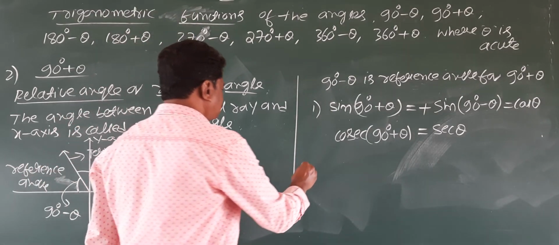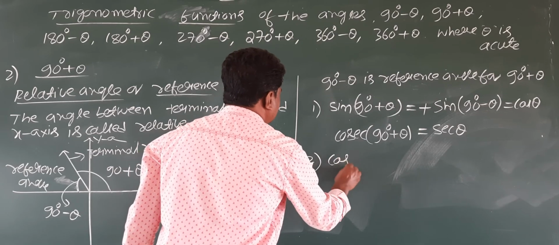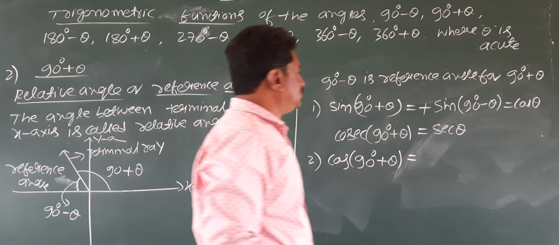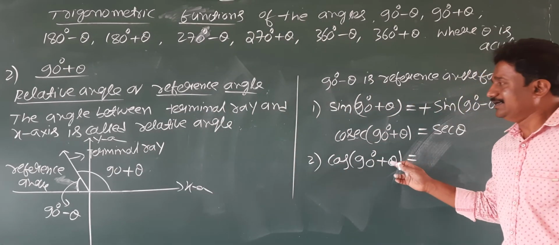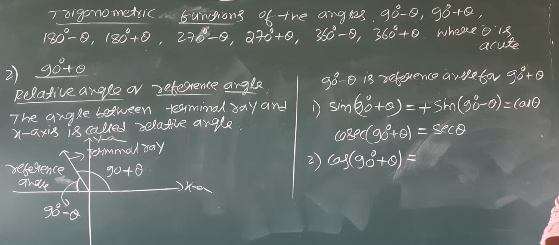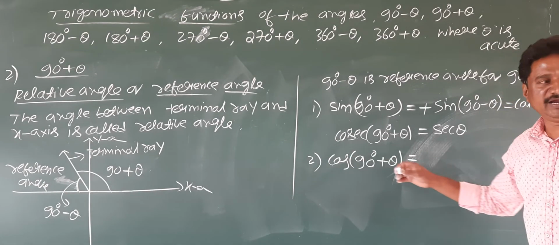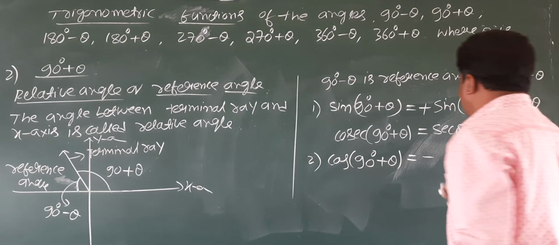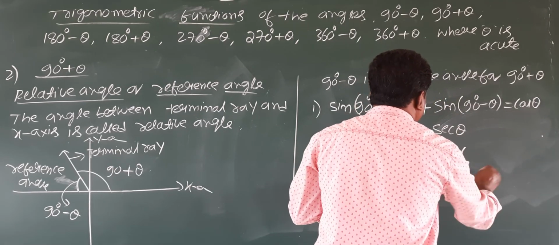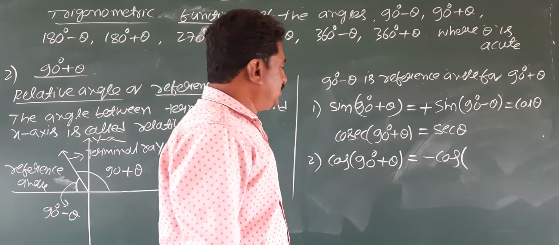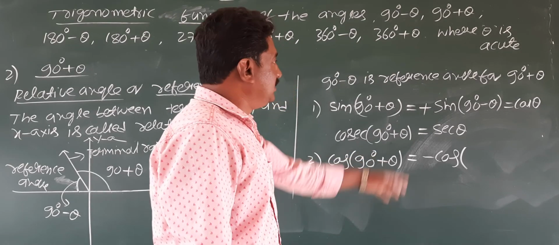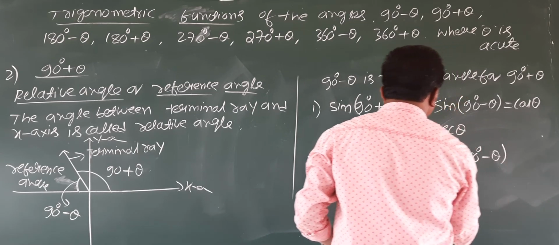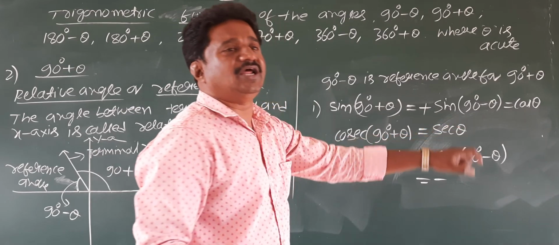So next, cos of 90 degrees plus theta. 90 plus theta belongs to the second quadrant. In the second quadrant, is cos positive or negative? Negative. So minus cos, using the reference angle 90 minus theta. What is cos of 90 minus theta?